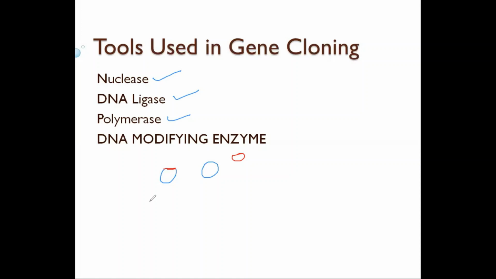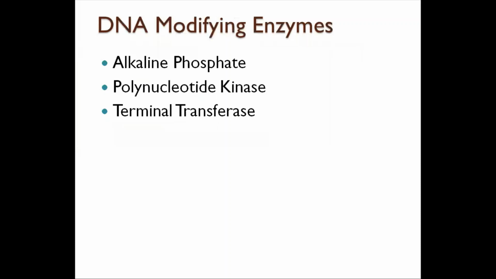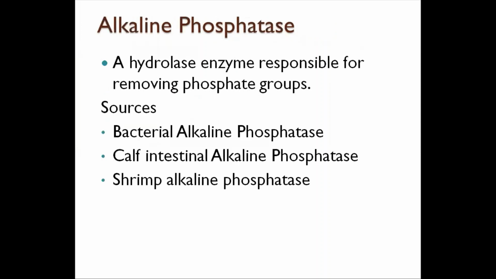So we need to check all of these, and that is the reason we use DNA modifying enzymes as tools in gene cloning. Let's see what the different DNA modifying enzymes are. They are alkaline phosphatase, polynucleotide kinase, and terminal transferase. Let's learn one by one in detail.